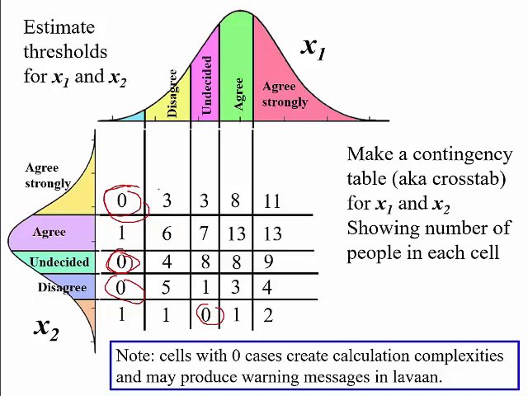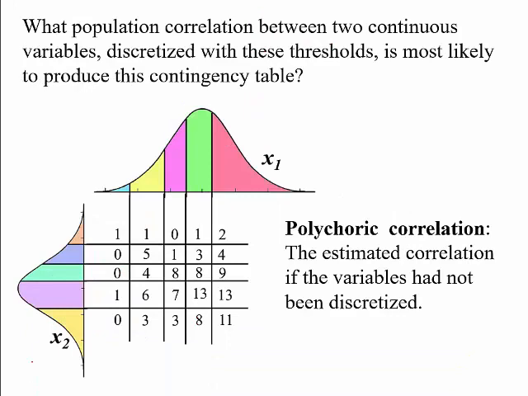So we've got our contingency table. We've taken our items x1 and x2. We've identified the thresholds for each item, and then we've plugged in this contingency table. And now we're ready for the next step. For this next step, I'm going to take something that's actually incredibly complex and explain it with one very broad brushstroke.